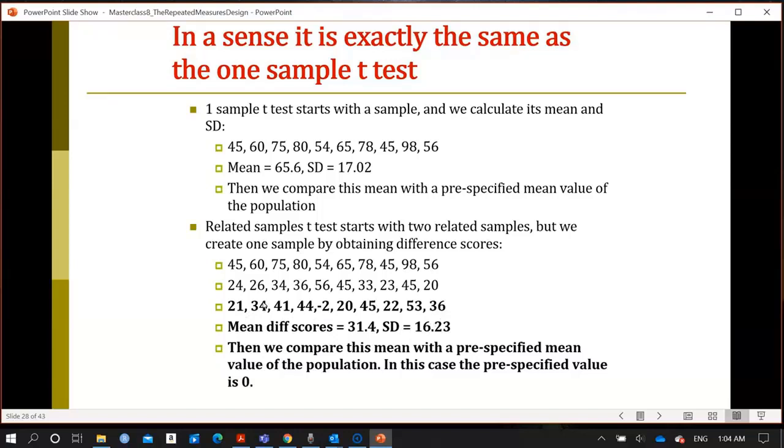And we can do exactly the same as we did with the one sample t-test. Okay, so we calculate the mean of these difference scores, and in this case it is 31.4, and we calculate the standard deviation, which is 16.23. Then we compare this mean with the pre-specified mean value of the population. In this case, the pre-specified value is 0.